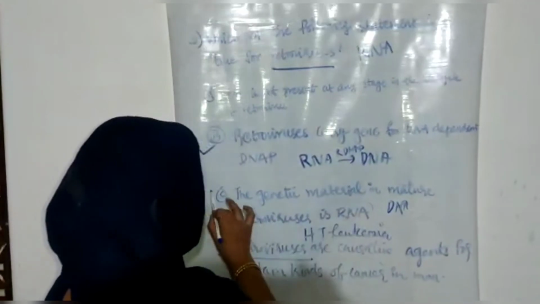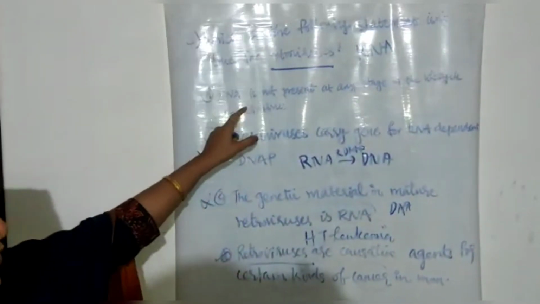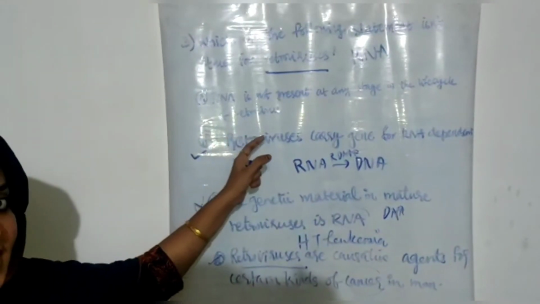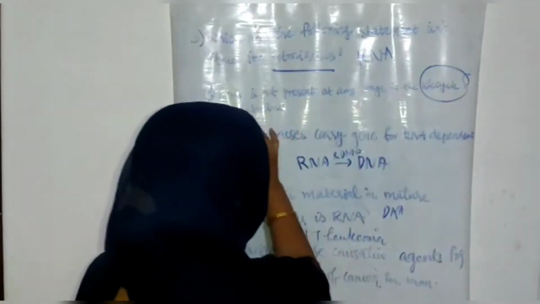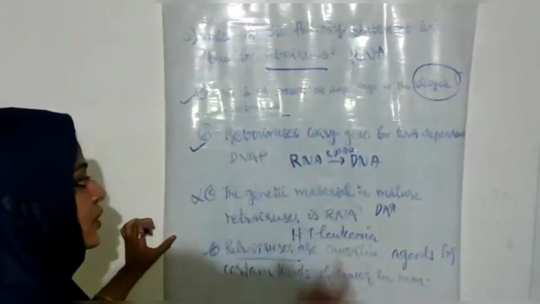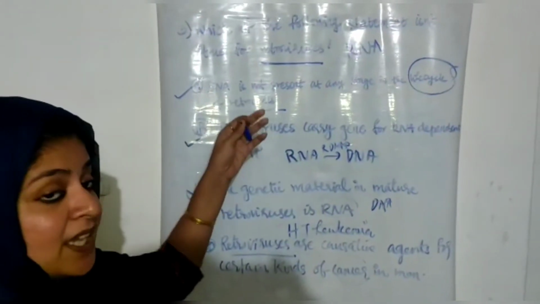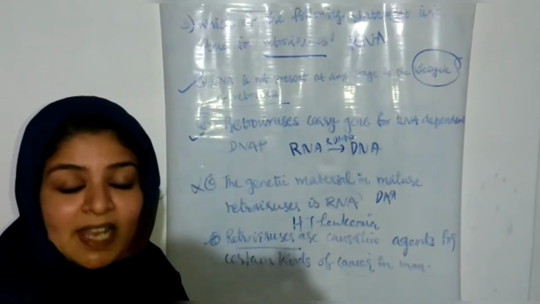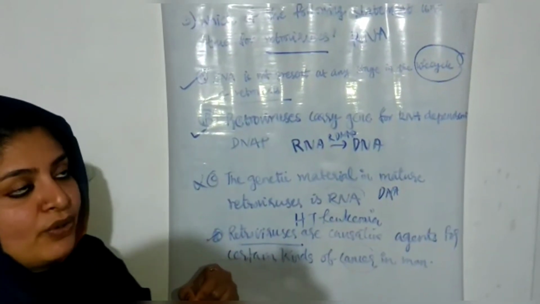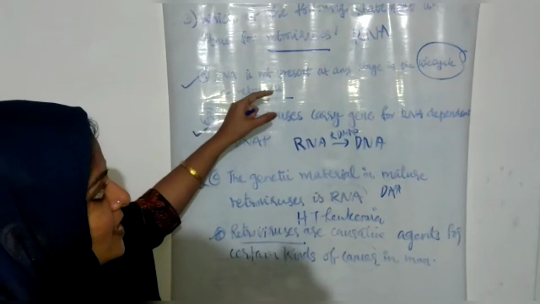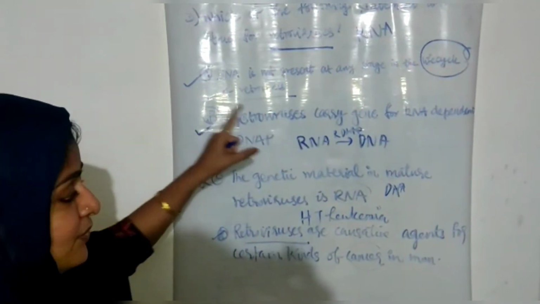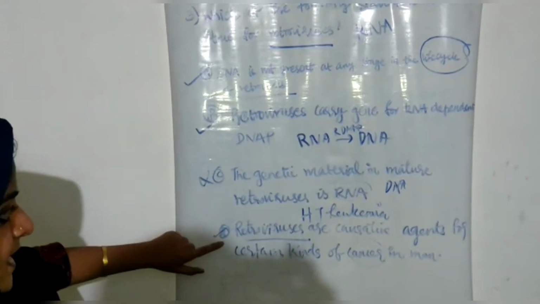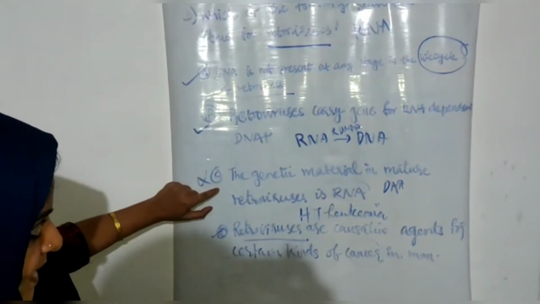What if we check, DNA is not present at any stage in the life cycle of retrovirus? That is true in the sense that the retroviral DNA exists inside the host cell and is not part of the virus particle itself. So options A, B and D are correct.